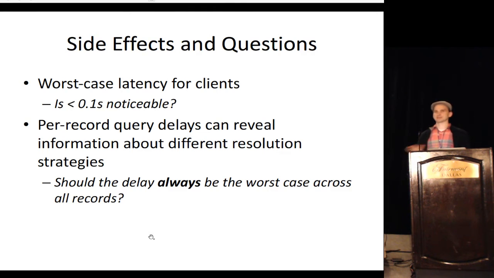So if we want to mask that, the approach then is to delay everything for this maximum resolution time, which could hurt clients even more. So there's this inherent trade-off between privacy and usability that should be considered, and I'm not trying to advocate one way or the other. Just that's something to be considered if you're going to think about applying this particular delay mechanism.